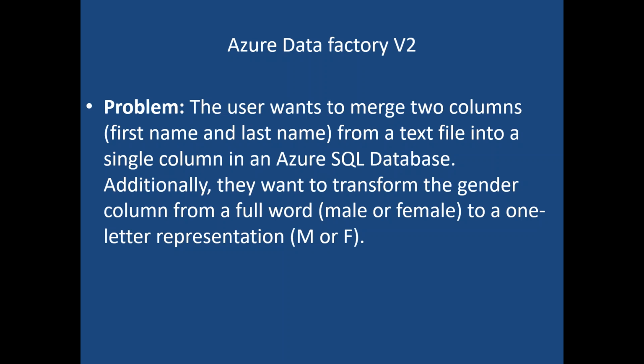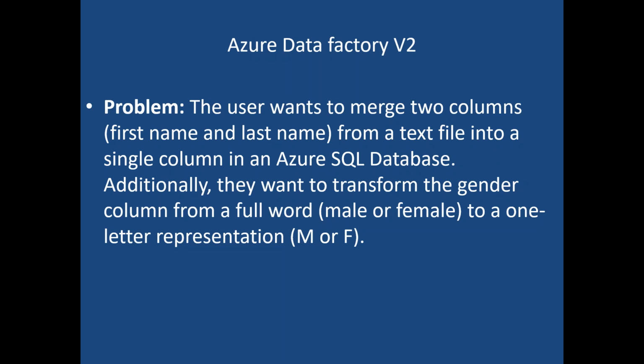Additionally, we want to transform the gender column from the full word like male or female to a one letter representation. For example, I have a CSV file, and within the same CSV file I have first name, last name, gender, location, and a lot of other details. The first requirement, as we discussed, is to merge first name and last name and load it into a single column in the Azure SQL database.